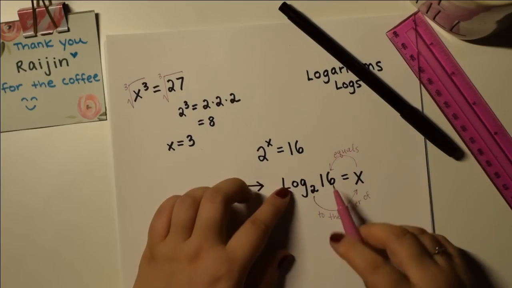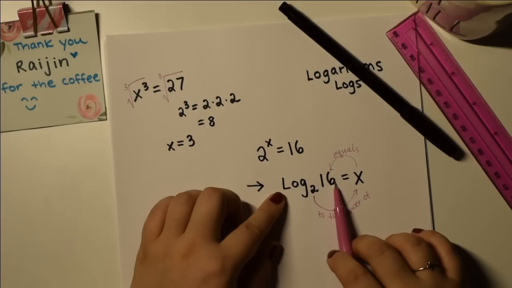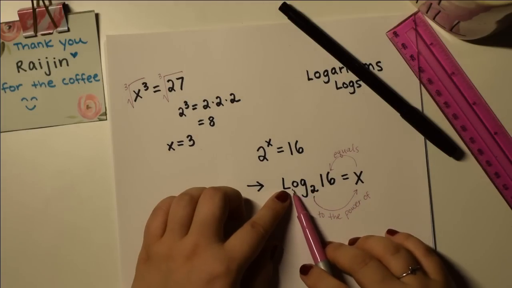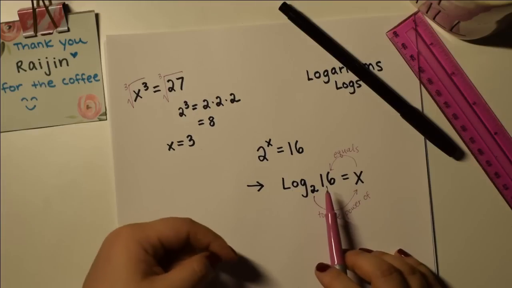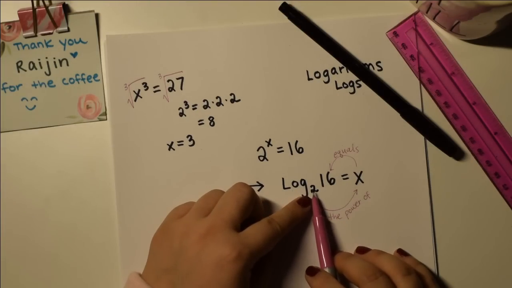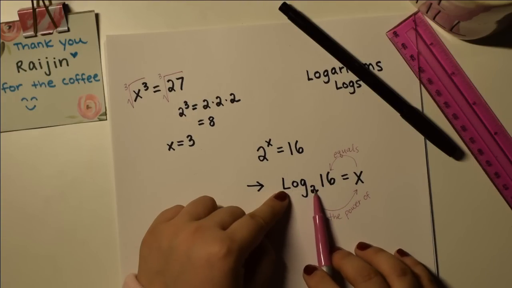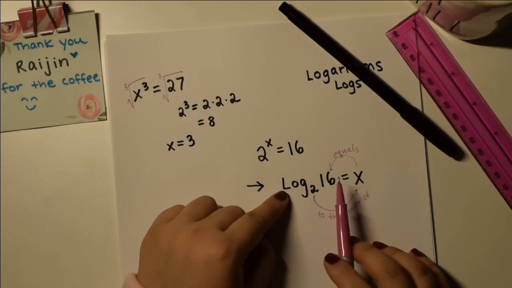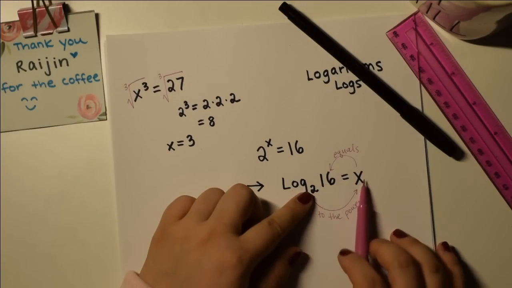Okay, so it's always that 2 to the power of x equals 16. So if I had a statement log base 2 of 16, in my mind I would think 2 raised to the power of what gives me this number, and log base 2 of 16 would equal that value, in this case 4. So it's kind of this pattern.